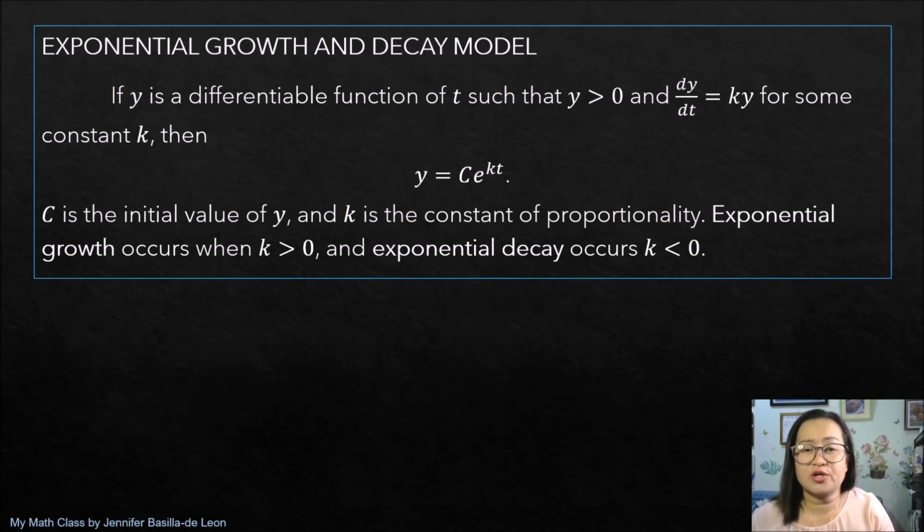Exponential growth occurs when k is greater than 0, while exponential decay occurs when k is less than 0.